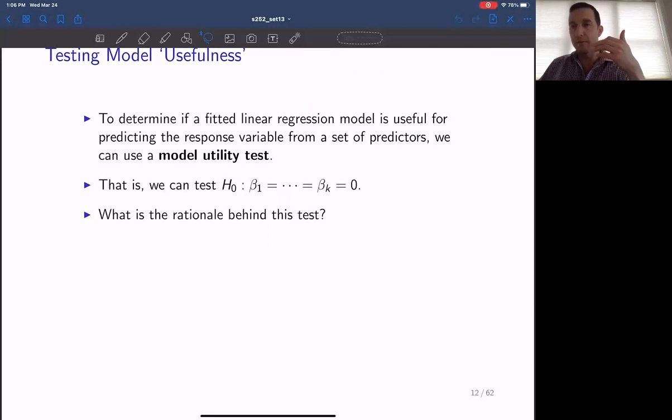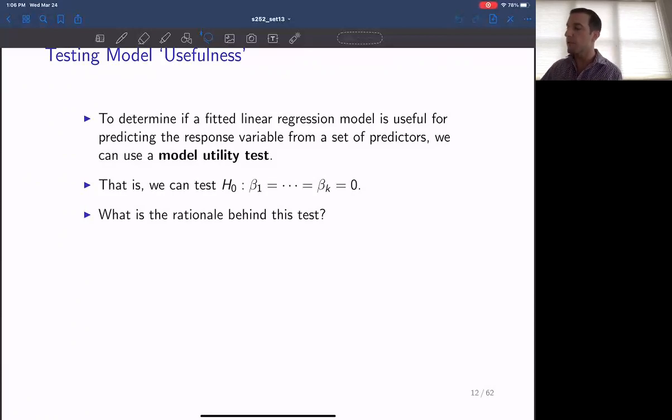So we could say that, for example, y is going to change by beta 1 units with each unit increase in x. In the multiple linear regression case, we have multiple slope values. So our model utility test is a test that searches the entire system to determine if any of the explanatory values are useful as a linear predictor for the response.